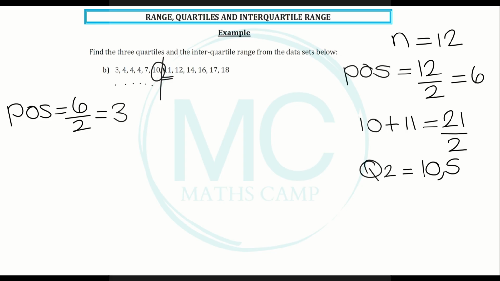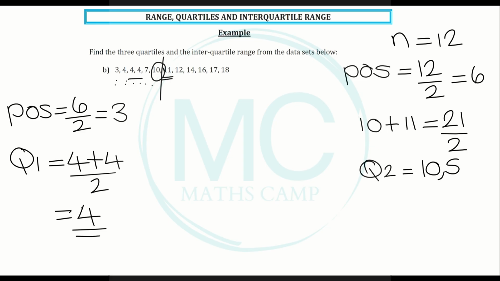Now I count 3 terms, 1, 2, 3, and I see my 2 middle values are 4 and 4. I can say Q1 is equal to (4 + 4), which is 8, over 2, which leaves me with a value of 4. This is my lower quartile.